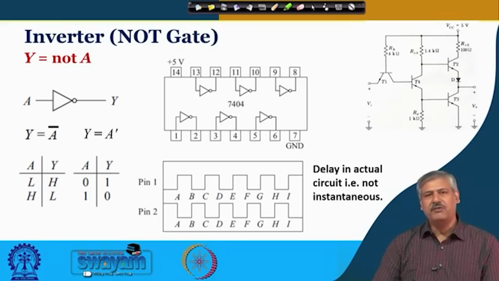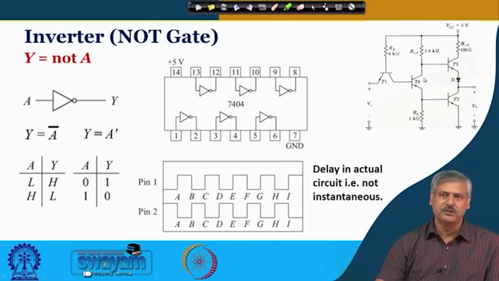Instead of an inverter, depending on whether it is CMOS technology or TTL technology or any other technology, we shall put one symbol as a building block. We will know that inside, depending on the logic family that is used, one circuit or the other will be there, okay?